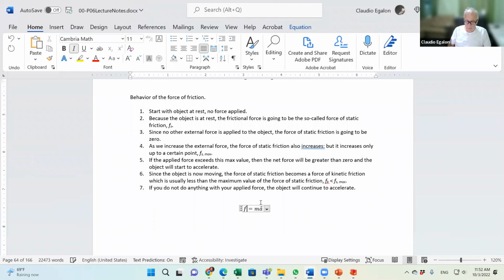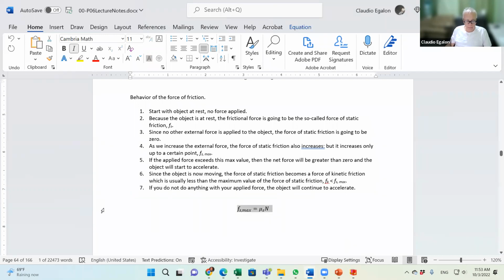So here you go. The maximum value of the force of static friction is going to be given by a coefficient that we call the coefficient of static friction times the normal force.